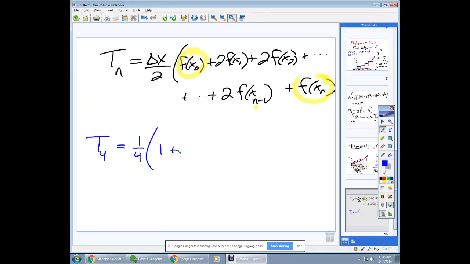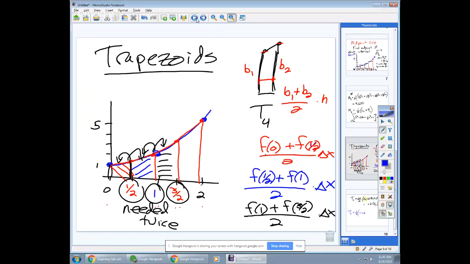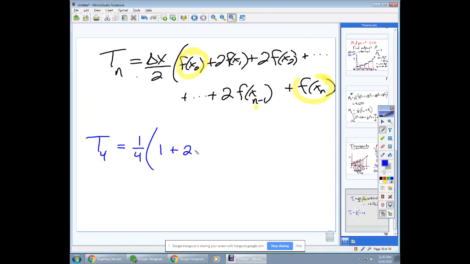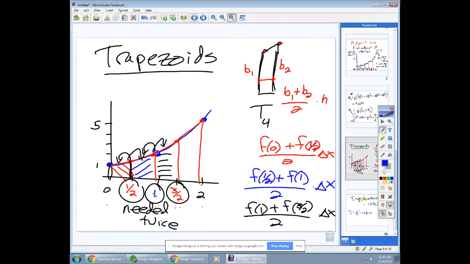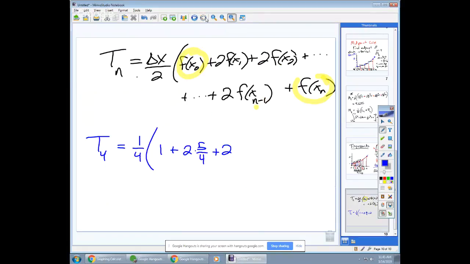The next y value is plugging in 1/2. 1/2 squared, 1/4, plus 1, 5/4. So I'm going to have 2 times 5/4 for the second one. The third one is going to be 2 times plug in 1. 1 squared is 1 plus 1 is 2. So 2 times 2 plus 2 times the next one.